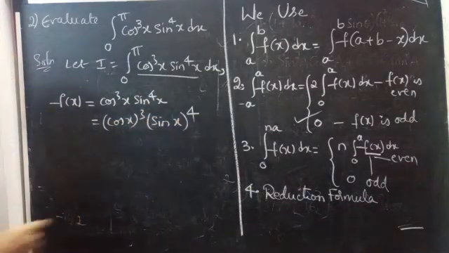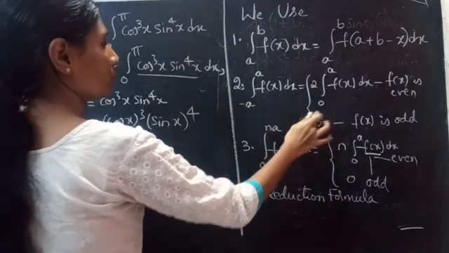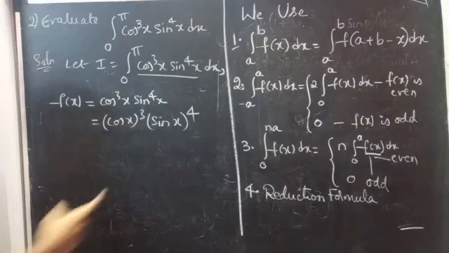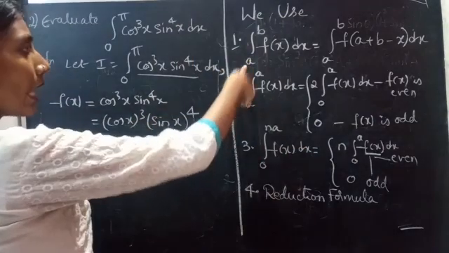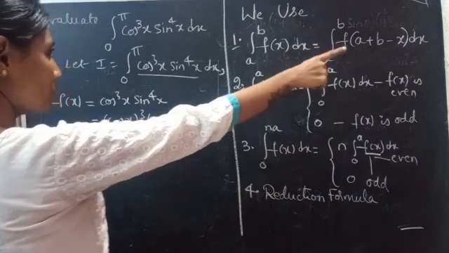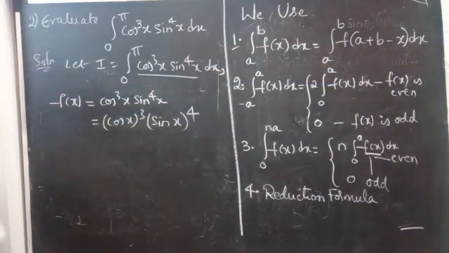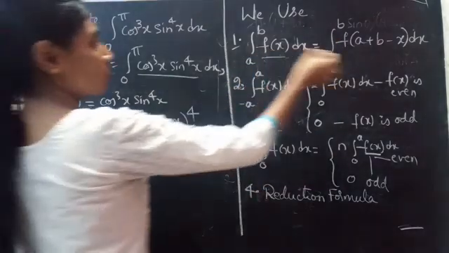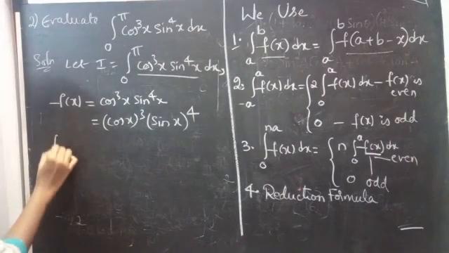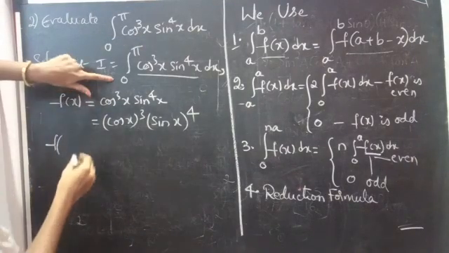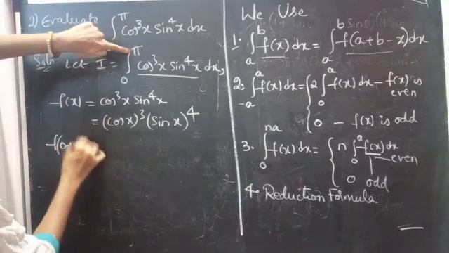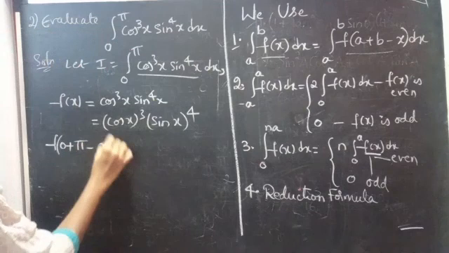Okay. So now we'll use the first property. Integral a to b f of x dx equals integral from a to b f of a plus b minus x dx. That is, f of x should be replaced with f of a plus b minus x, that is, f of lower limit plus upper limit minus x.